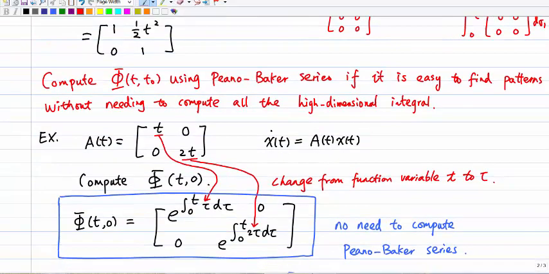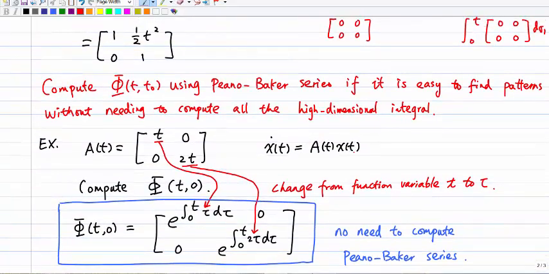The general conclusion is that the transition matrix for this special case when A(t) is diagonal is just still a diagonal matrix, and each diagonal entry is given by e to the integration from 0 to t of tau d tau.